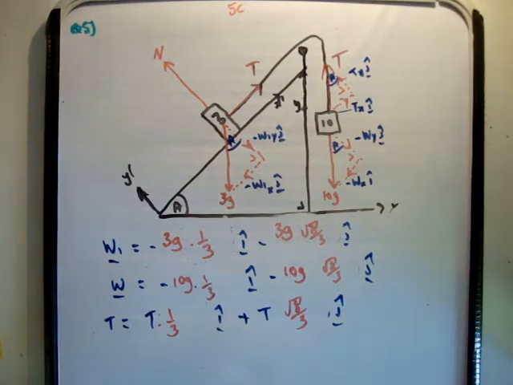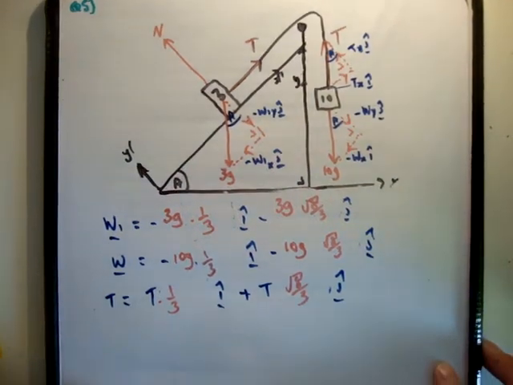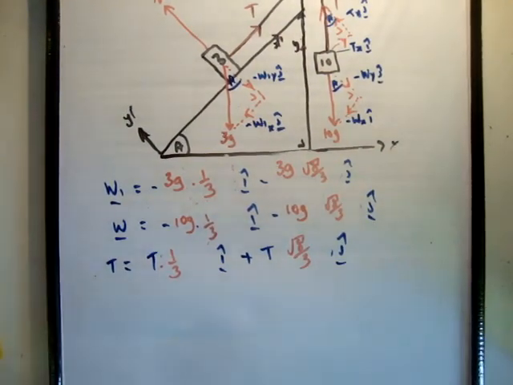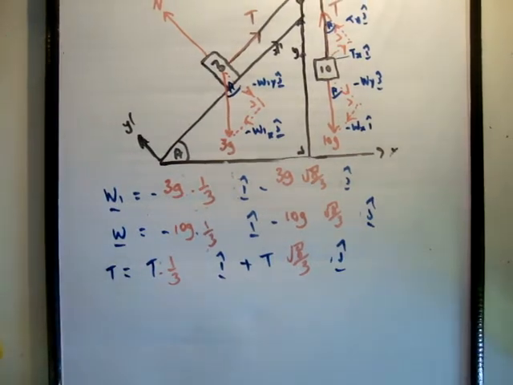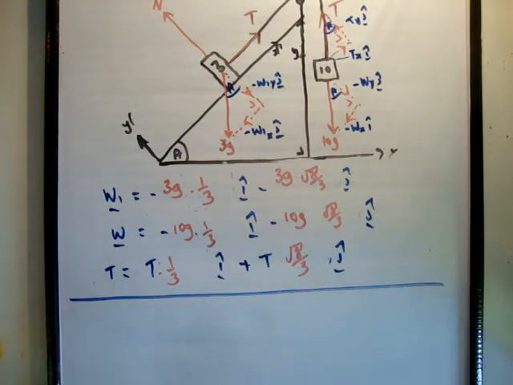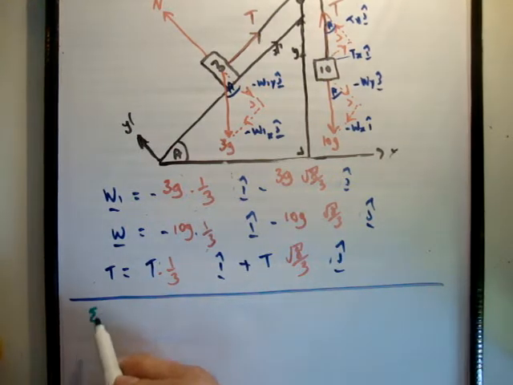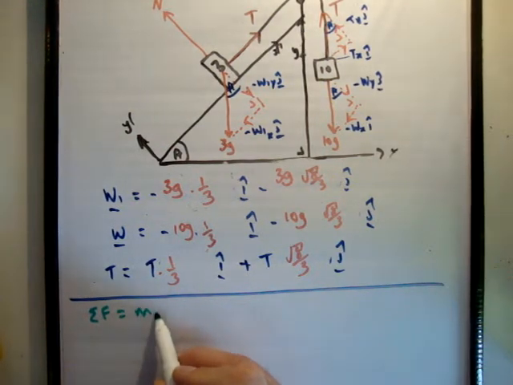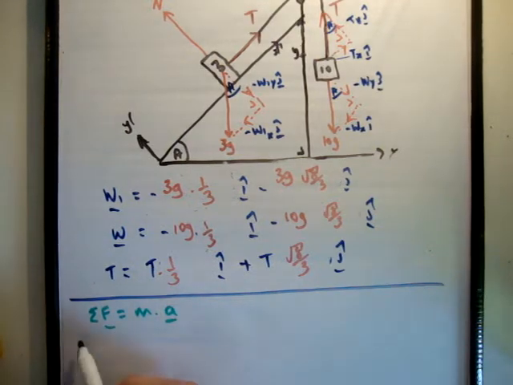Now we need to apply Newton's second law to all these different systems. So I'm going to start off with the 3 kilo mass. We know from Newton's second law, and I'm going to do this in green, that the sum of the forces is equal to the mass times the acceleration, and these are vectors. So let's do this in the y direction first.